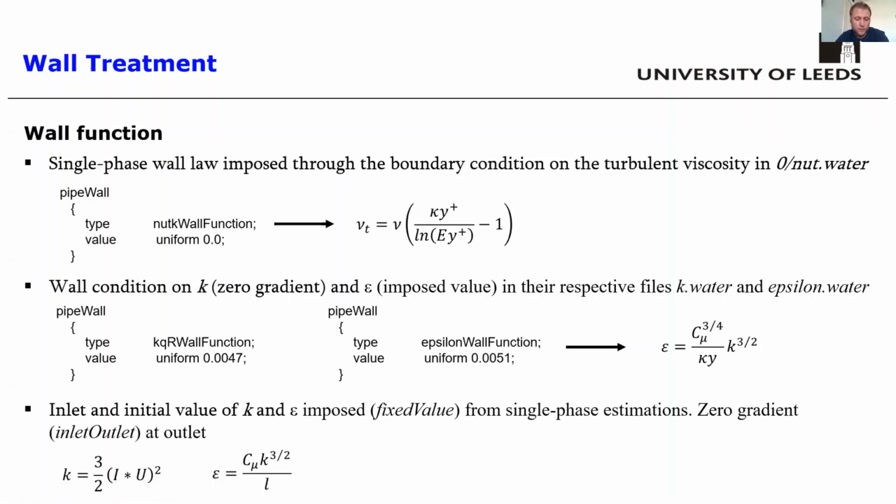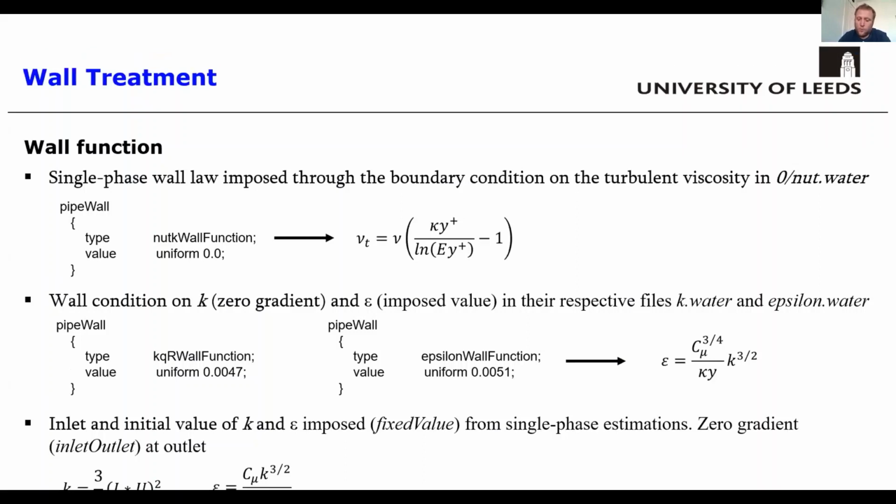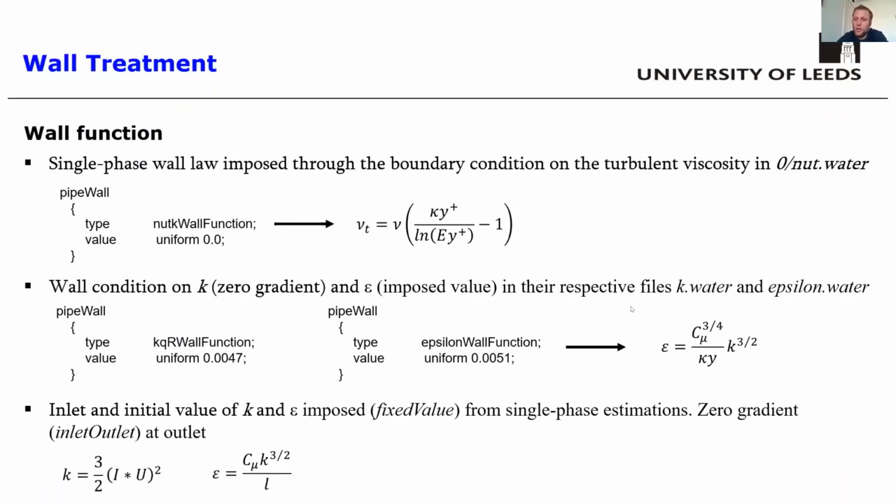Maybe now I will switch just for a moment to the files. For the turbulence kinetic energy, the zero gradient is imposed using the kqRWallFunction boundary condition, which essentially imposes a zero gradient condition for turbulence kinetic energy. And for epsilon, we use the epsilonWallFunction boundary condition that fixes the value in the last cell near the wall to this value prescribed by theory.